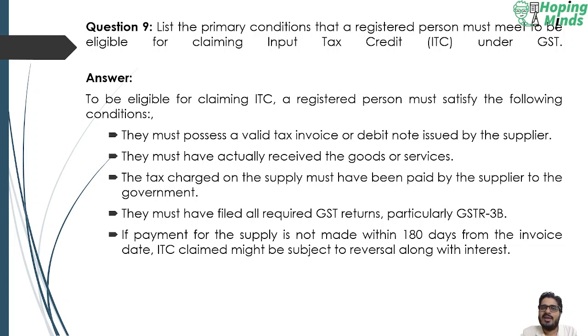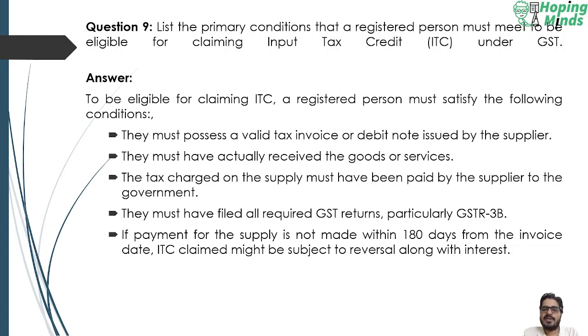That is, reduction of input taxes that have been paid at the time of purchase against the output tax liability. This mechanism helps to eliminate the cascading effect of taxes.